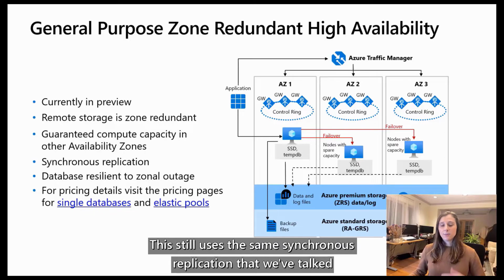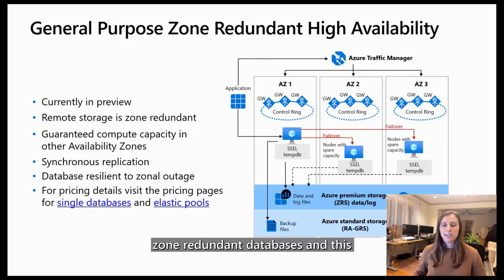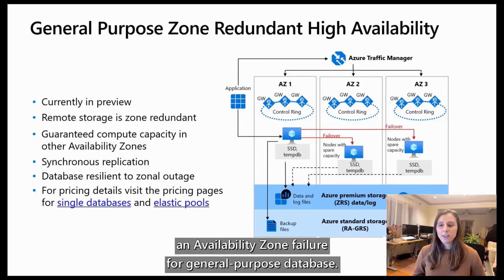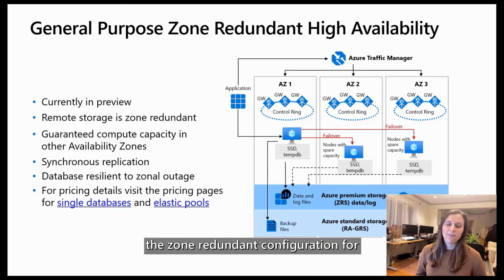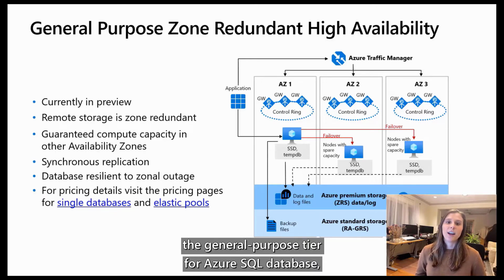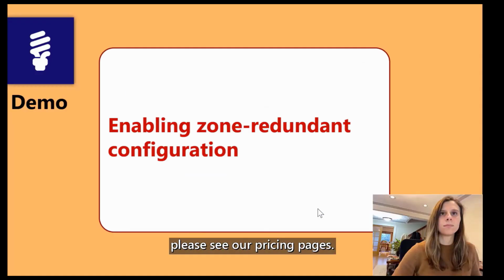This still uses the same synchronous replication that we've talked about for locally redundant and zone redundant databases, and this is the only way to synchronously guarantee resilience to an availability zone failure for a general purpose database. For more information about the pricing details for the zone redundant configuration for the general purpose tier for Azure SQL Database, please see our pricing pages.